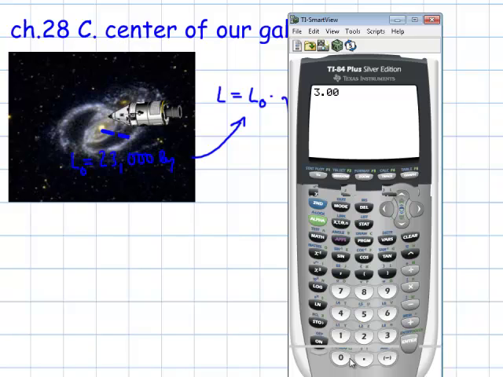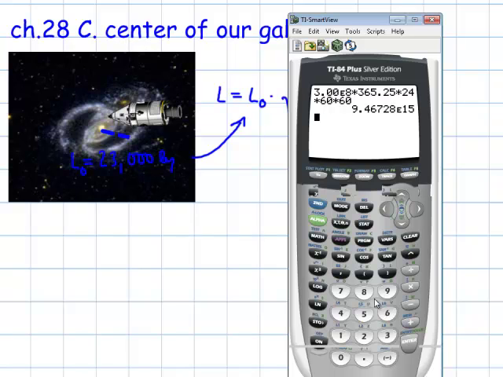The second number is simply multiply 365 times 24 times 60 times 60 in order to come up with the number of seconds in a year, but the first one is the light year, which is 3.00 times 10 to the 8th meters per second times, and then actually here's the year, 365.25 times 24 times 60 times 60, and that comes up with the number they give, 9.47 times 10 to the 15 meters.